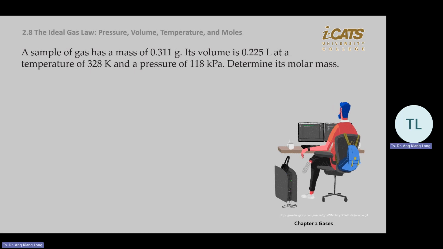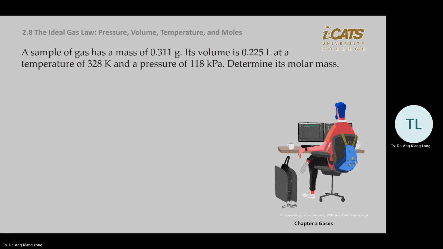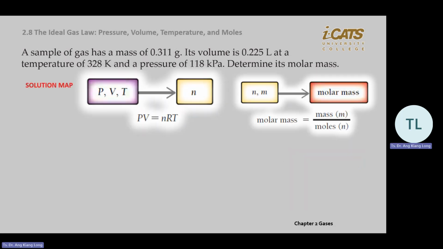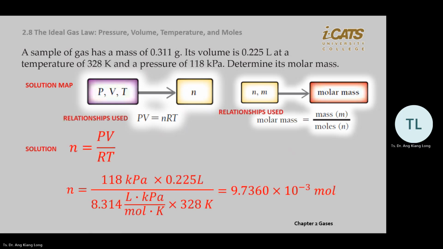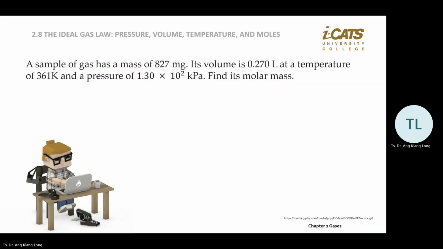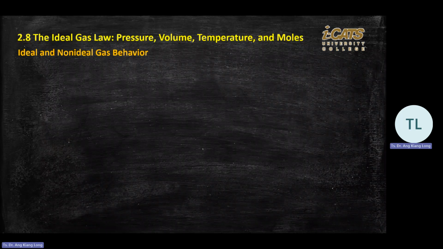Mole, the amount of gas, n equal to small m divided by capital M. So this one you can do in your tutorial question, in your revision. I give you the answer. Same procedure, same procedure. Any question so far? So these are the two.